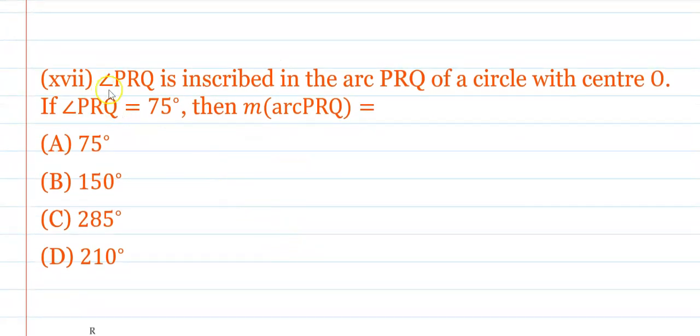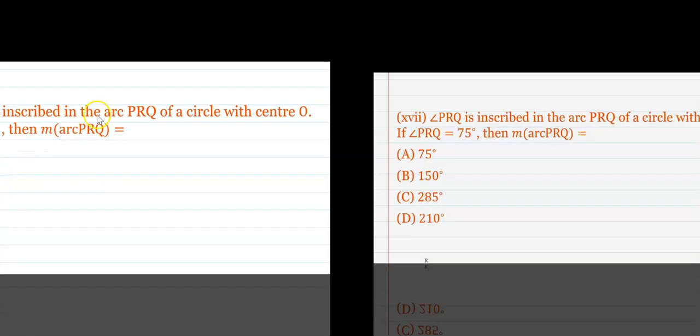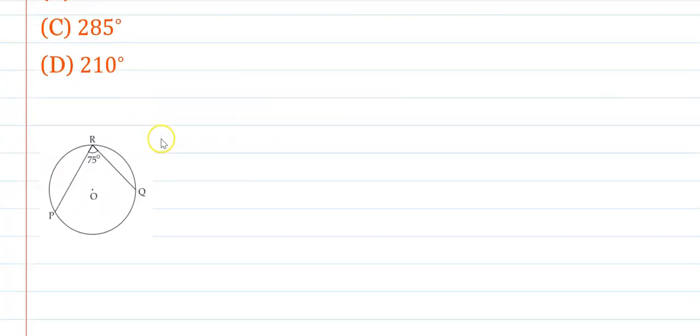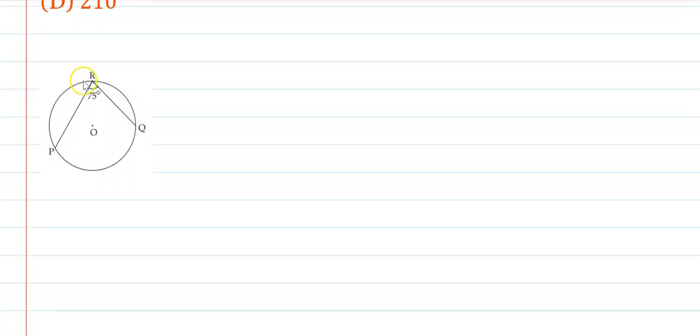Angle PRQ is inscribed in the arc PRQ of a circle with center O. If angle PRQ is equal to 75 degrees, then find the measure of arc PRQ. Now see here, the angle PRQ is inscribed in arc PRQ.